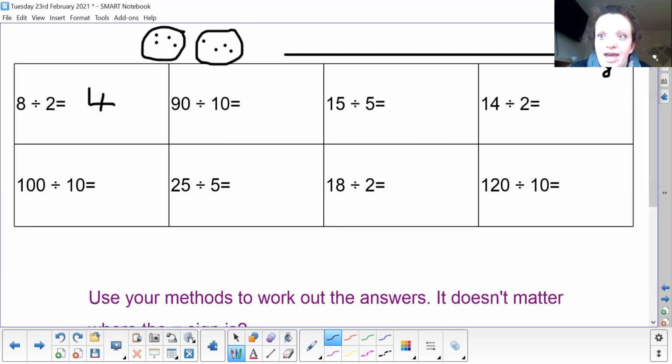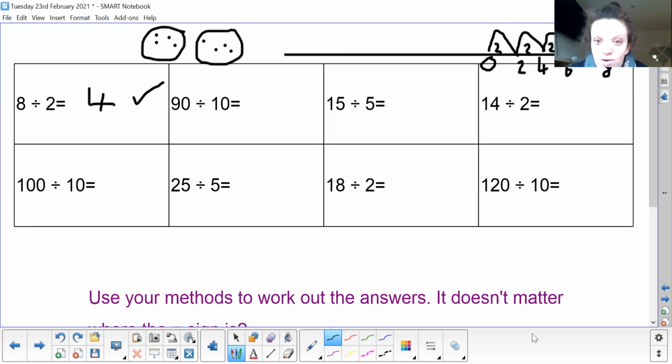So how many 2s are in 8? Take away 2, it's going to take us back to 6. Take away another 2, it's going to get us to 4. Another one, we get to 2. And our last 2 gets us to 0. So how many 2s are in 8? Our answer is still 4. So 8 divided by 2 is 4.